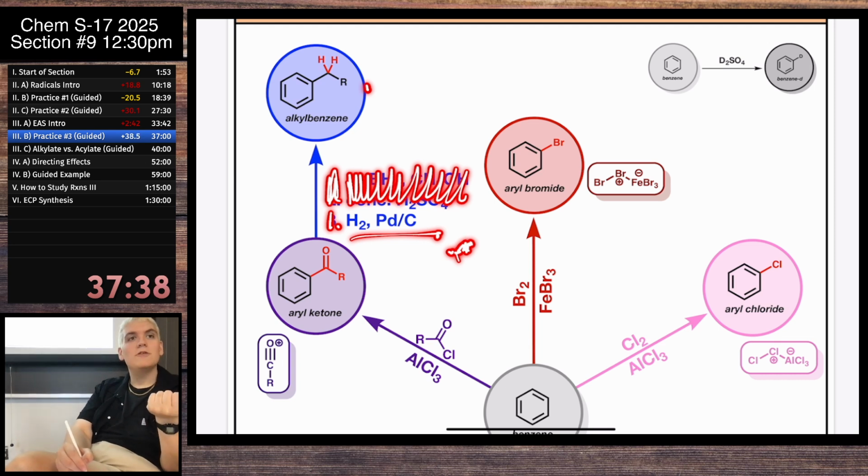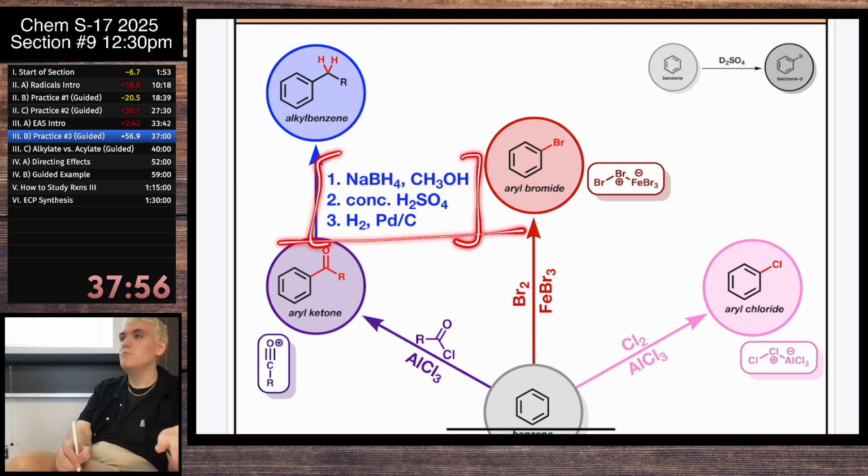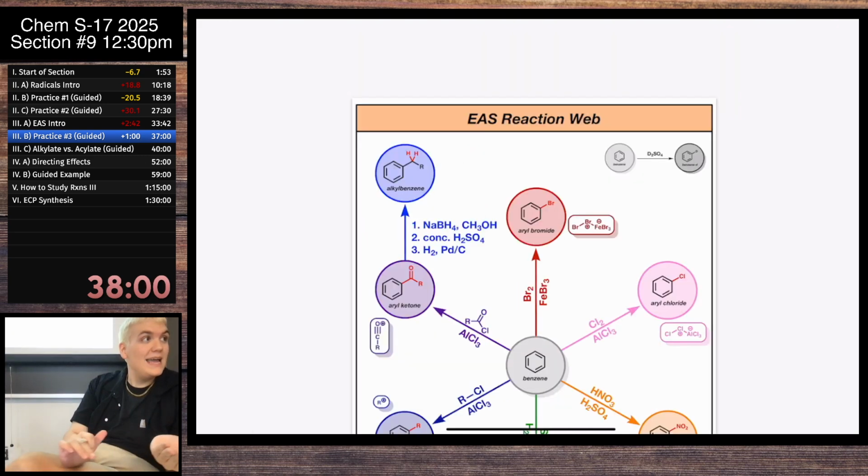Also, typically in organic chemistry 2 classes, we teach you 2 other ways of reducing aryl ketones. They're called the Clemmensen reduction and the Wolff-Kishner. Anyway, there are lots of ways to do this, and there are ways that you could even do this in one step. We're not going to teach you that. The reason why we do this 3-step is because it's all reactions you've seen before. So even though it feels a little involved, it is a reliable route.